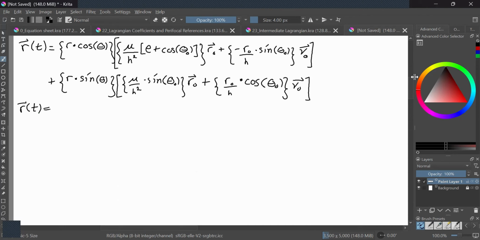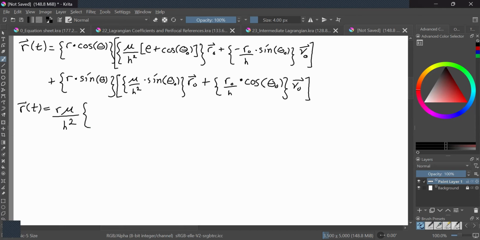So to start, we have r mu over h squared and r mu over h squared. That is good. If they were different between the two terms, then we would have done something wrong. So let's go ahead and write down r mu over h squared.